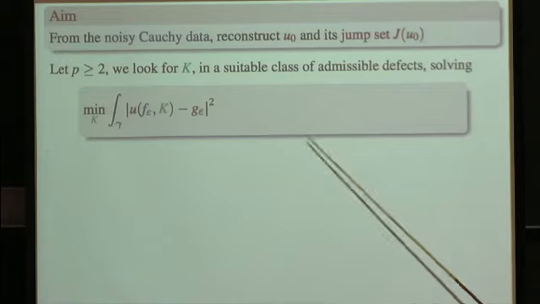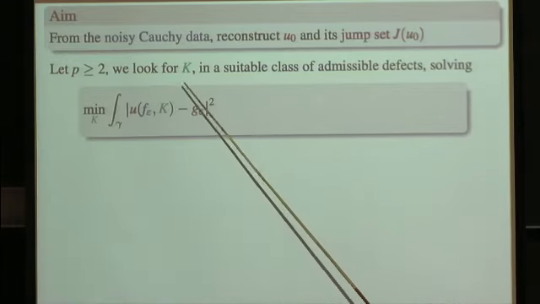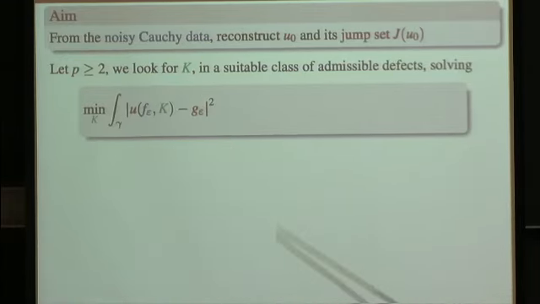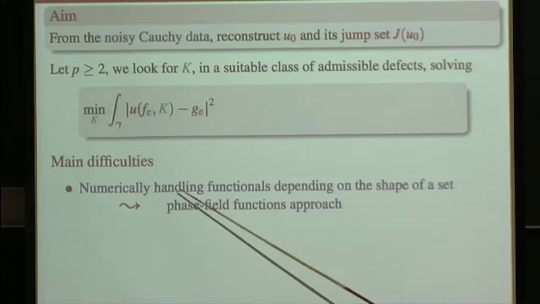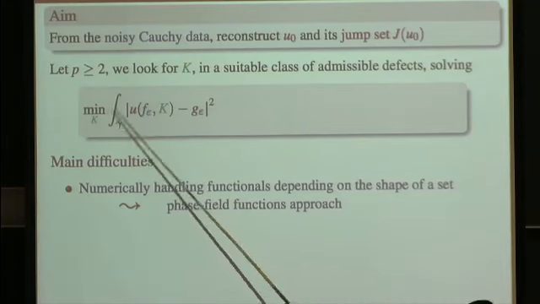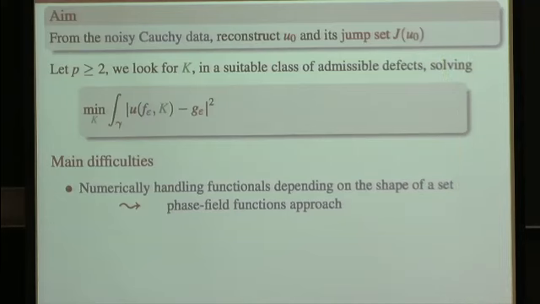Clearly, if you want to solve this problem, you have some things to take into account. And the main difficulty here is the following. You have to minimize over sets, and this is not always an easy task from a numerical point of view. And so one possible solution is to use phase field functions. I'm going to explain in a minute what that means. There are others, of course, but this is one possibility.